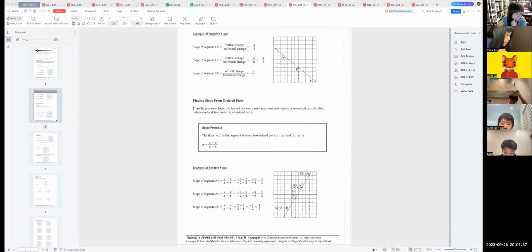Correct, Kelvin? If you're counting from left to right it is positive. If you're counting from bottom to up it is positive. Why, everybody? Going up on the y-axis is getting bigger, but going down is getting smaller. Correct, Kevin? No, Kelvin.